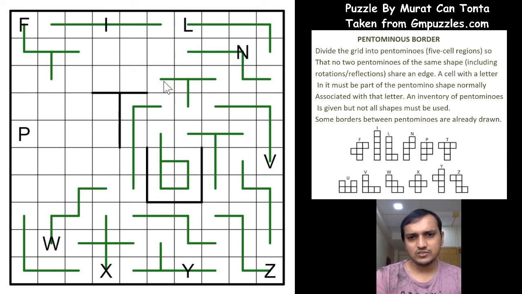So if you see this pentomino again now, it has to either go up or towards the left. If it goes towards the left, you have an n pentomino again, and there is an n pentomino here. So it will contradict the rule. So it has to go this way, and again we have 4 cells and only one cell outside those 4 cells, which will form a 5 cell region as P, right?